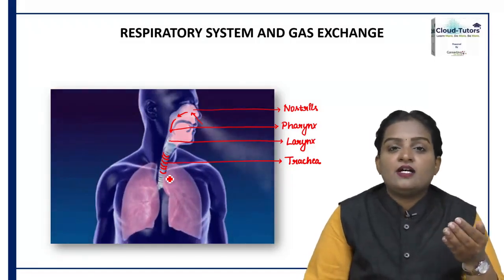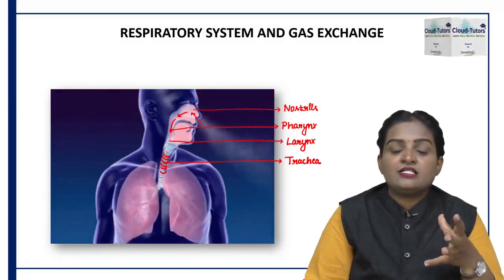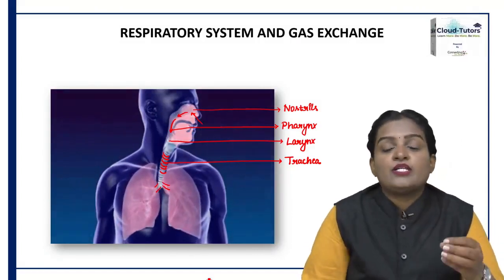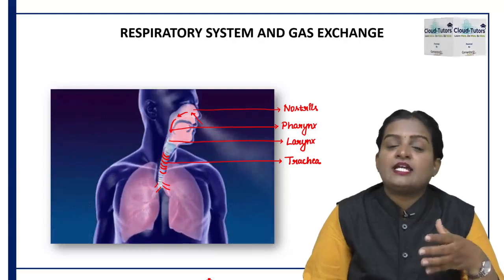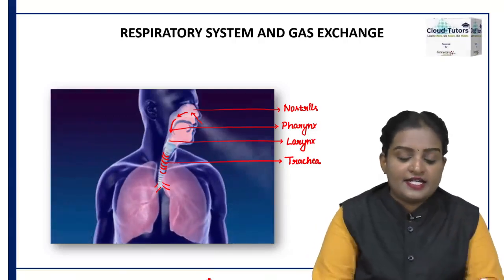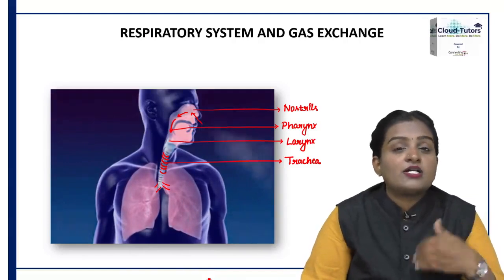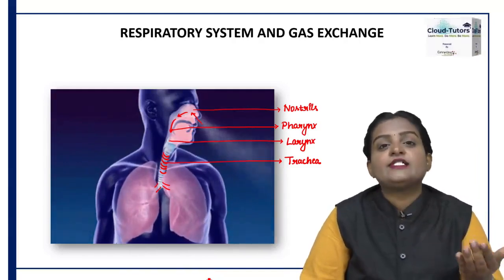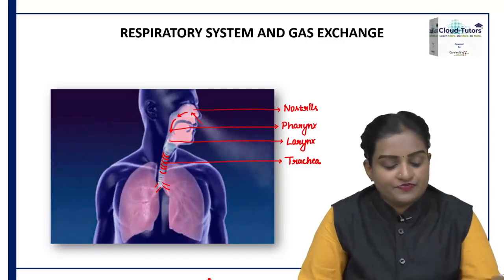Once the trachea reaches near the lungs, it branches out to give rise to the primary bronchi. Then they enter the lungs, left and right, and the bronchi will further branch into secondary and tertiary bronchi and finally into bronchioles.